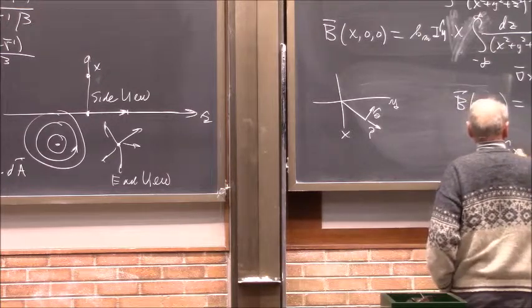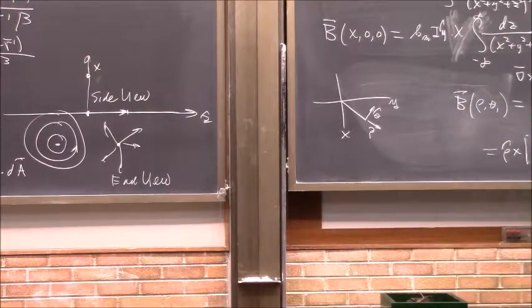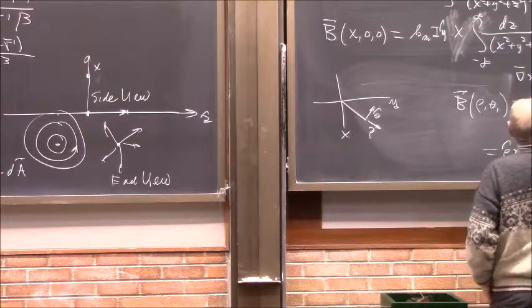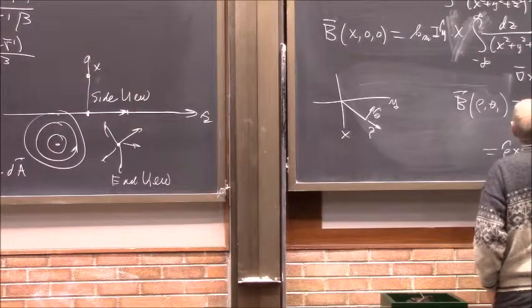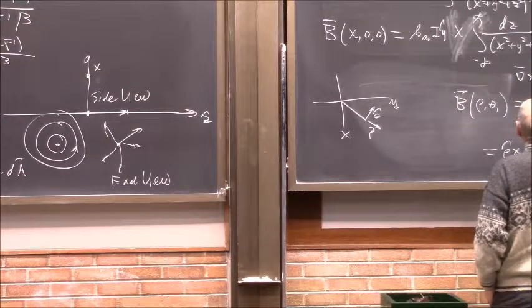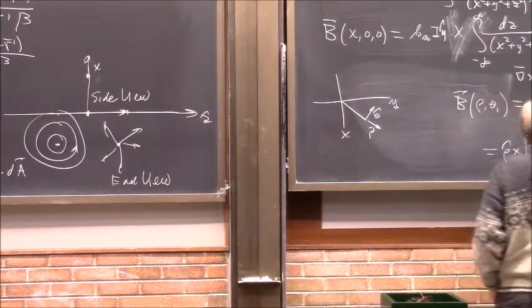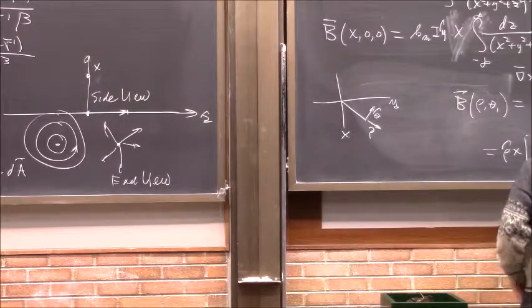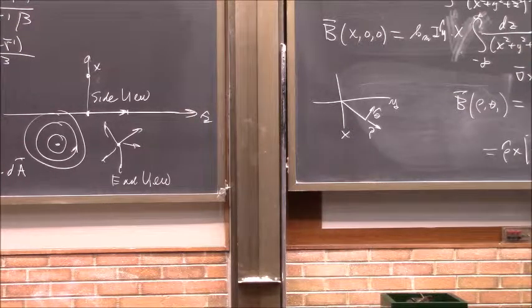We get rho hat crossed into the derivative of this thing with respect to rho, and that gives us minus mu 0 I over 2 pi rho squared theta hat, plus the derivative of theta hat with respect to rho, but that's 0, plus theta hat over rho crossed into d by d theta.